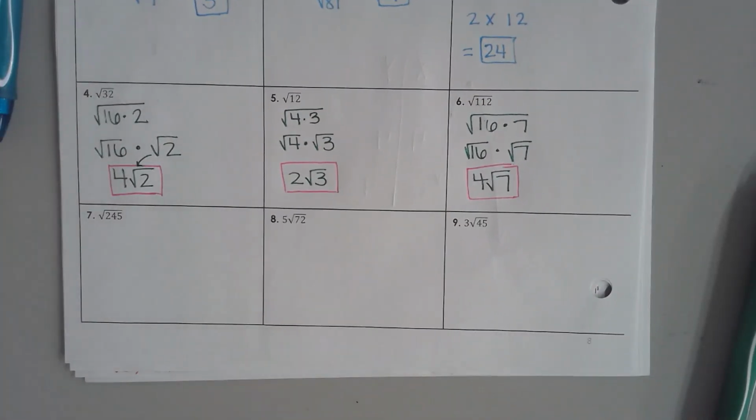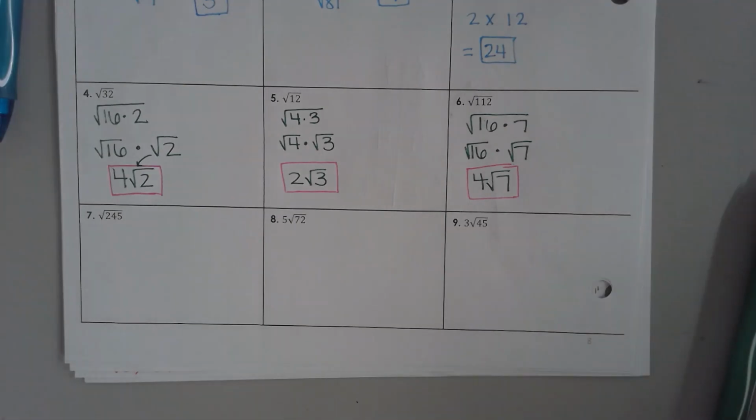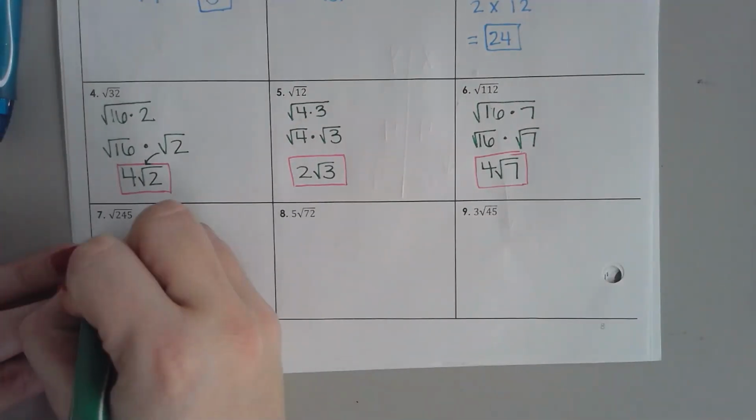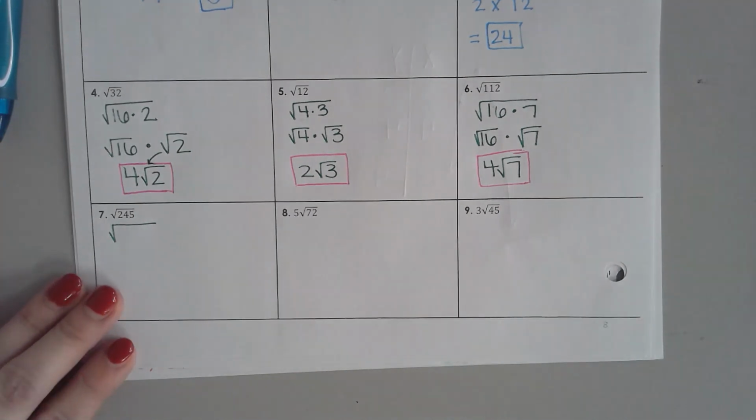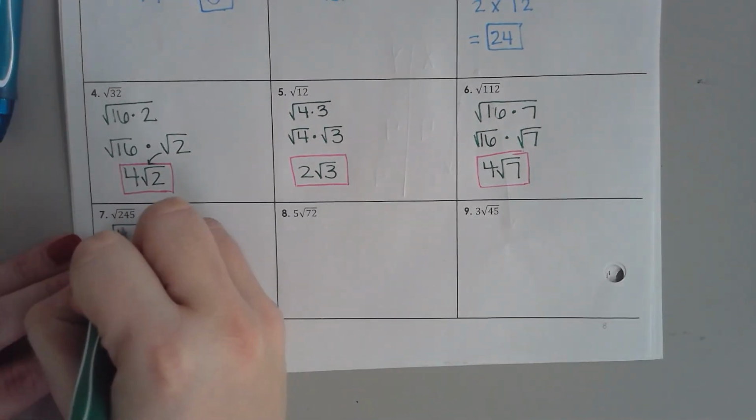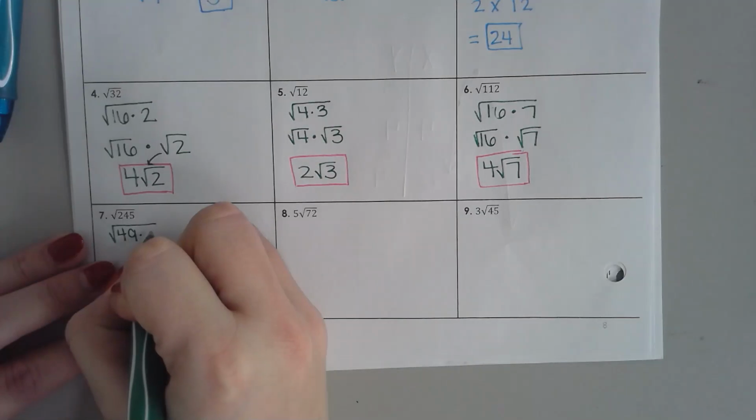I'm going to give you a little bit of time to try number 7 on your own. 245. What perfect square did you all find that went into 245? 49. This is 49 times what? 5.